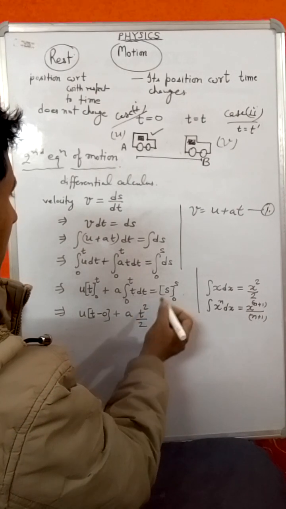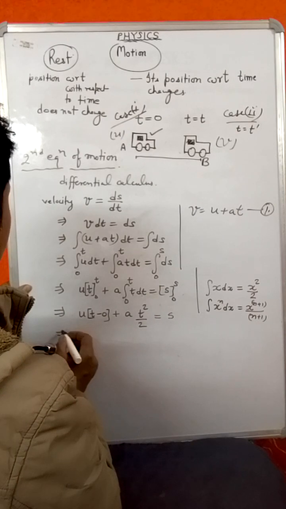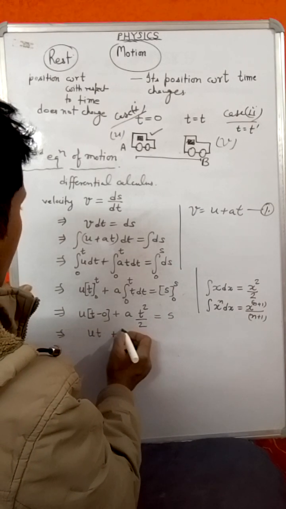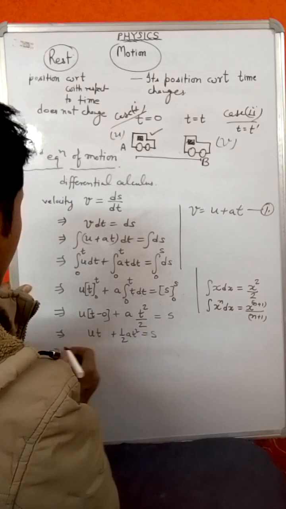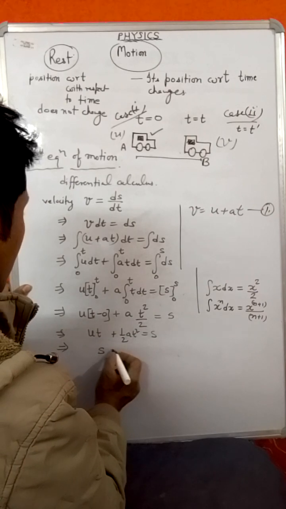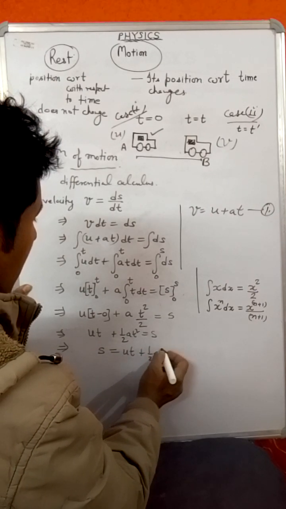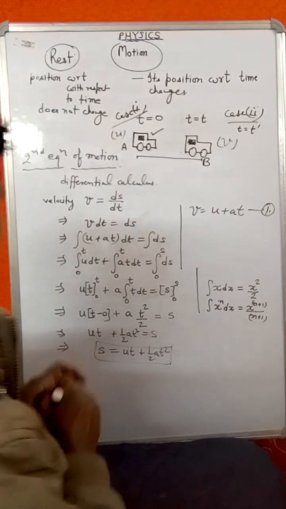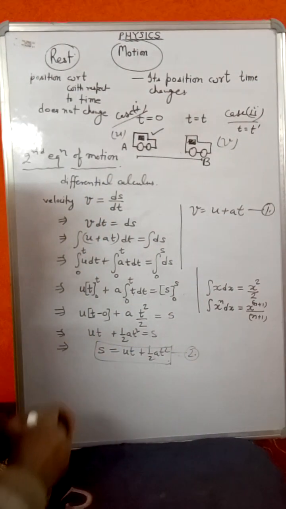We have applied that formula over here. Now this is ut plus half a t square, which is equal to s. So hence we can conclude s is equal to ut plus half a t square, correct? Now this is the second equation of motion.